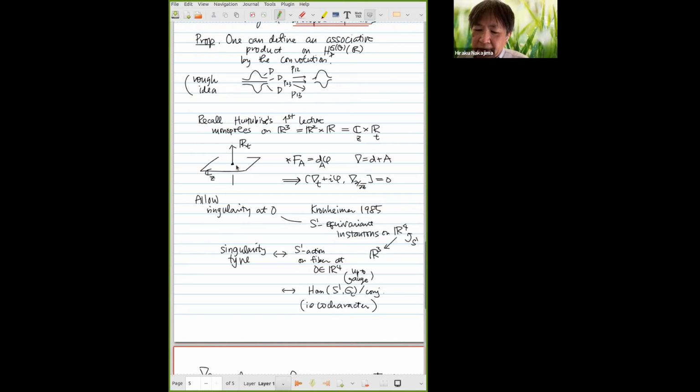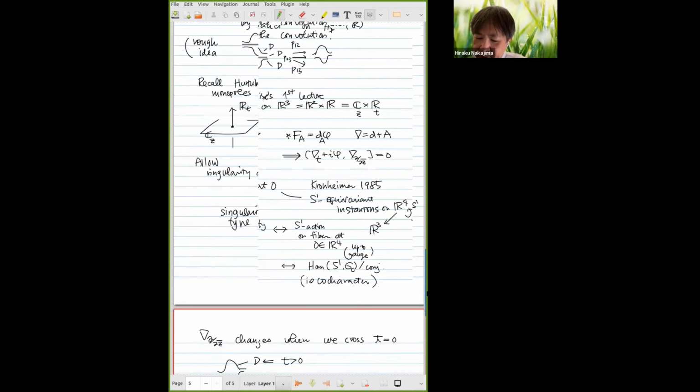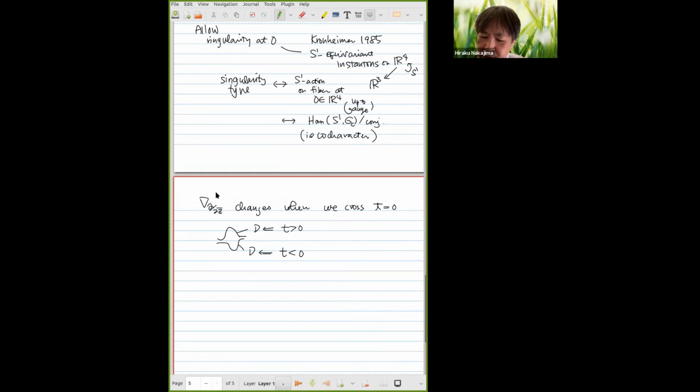You can still have the identification of holomorphic structures. That means you can identify the holomorphic structures for T positive and T negative outside the origin. In this way, you can just recover the definition of the Hecke correspondence in Langlands.